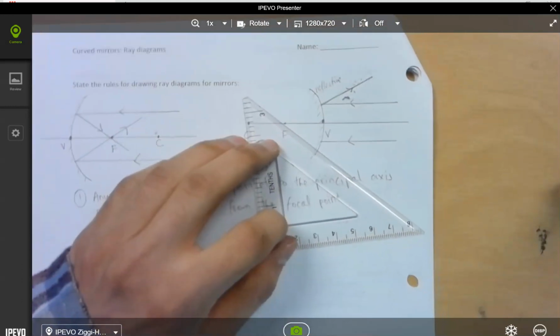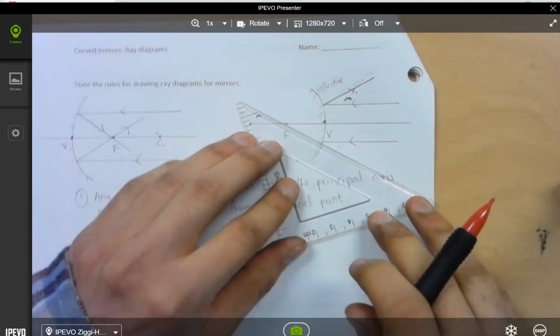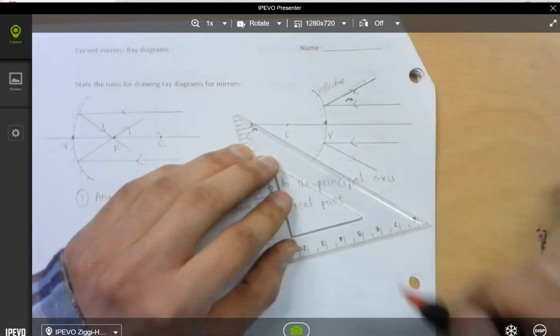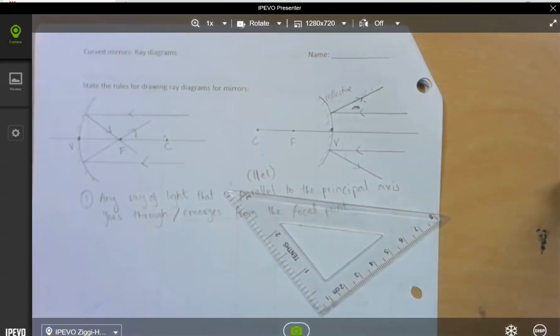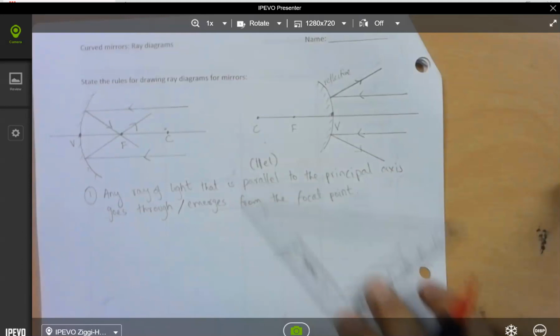The same thing over here. I'm going to put it like I'm going to go through the focal point, but I'm not. I'm going to go the other way. So one side's for a convex, one side's for a concave.